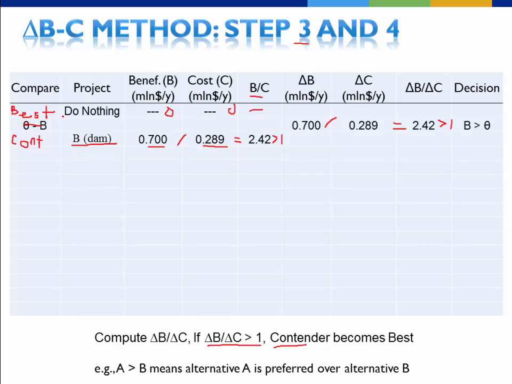So basically we know that do nothing is not an option, and the contender, the new best, provides benefits that outnumber the increment in the cost. So the incremental benefit cost is greater than 1.